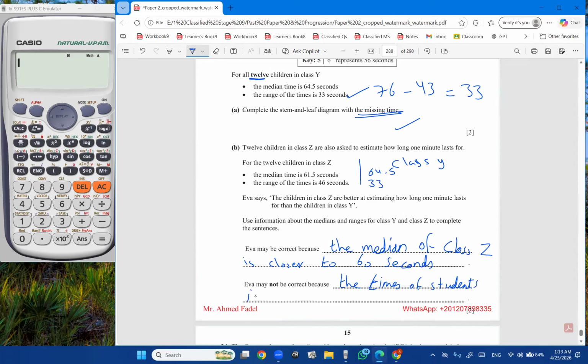So in class Y, it varied less, which shows that they could have better estimates than class Z.